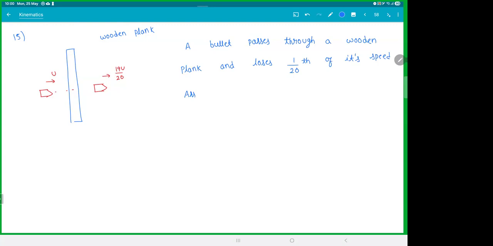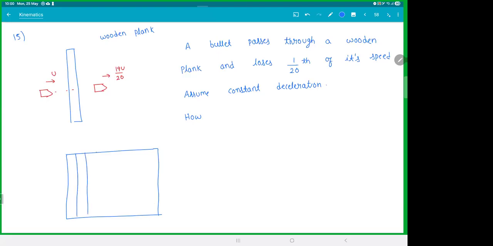Assume constant deceleration, so when it is passing through the wooden plank, we can assume it is decelerating constantly. How many planks are needed? So then you said, okay, let's keep some identical planks, like 1, 2, 3, and n planks. So you took this same gun, same bullet, you fired it again with speed u. You want the bullet to come to rest. So the question is, how many planks are needed to stop the bullet?